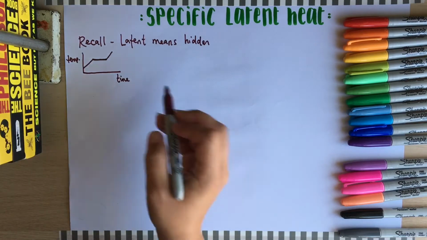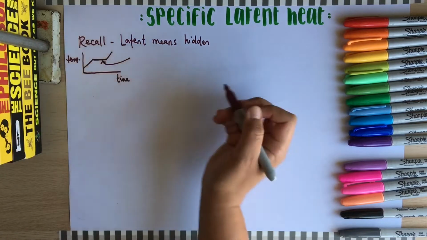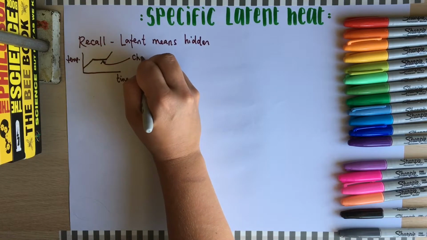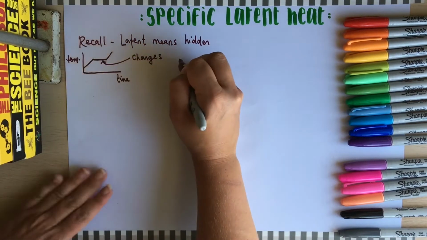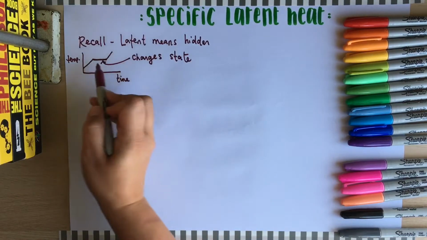and then it will start to increase again. So remembering that at this point here, this is where it changes state. Okay, because we can tell that from the graph.